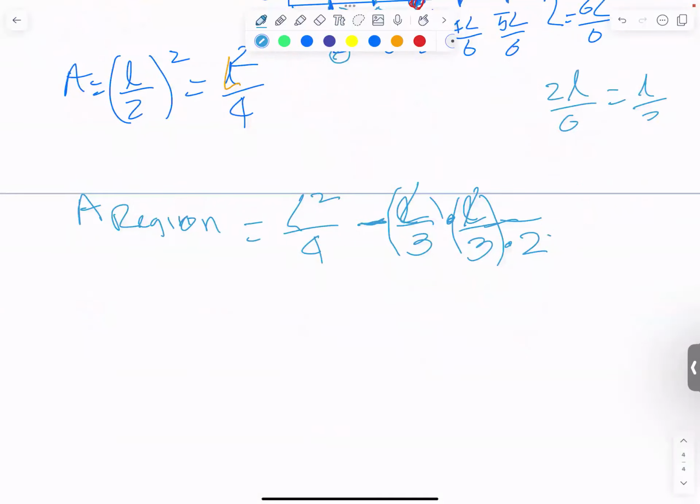And then the area of the region is going to be L squared over 4 minus L squared over 18.